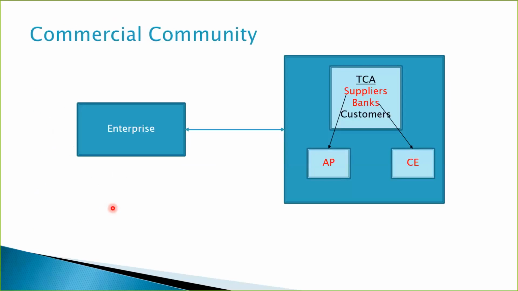So the reason why I put suppliers and banks in red is because there is still information relating to these suppliers and banks that is stored in AP and cash management respectively. So for customers, all the information was moved to the TCA, okay?